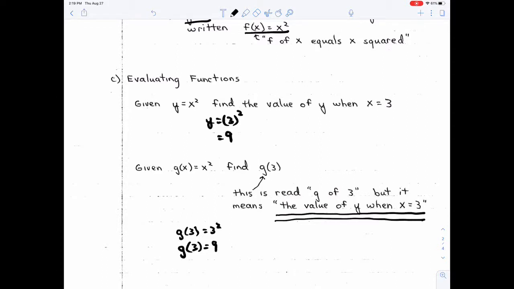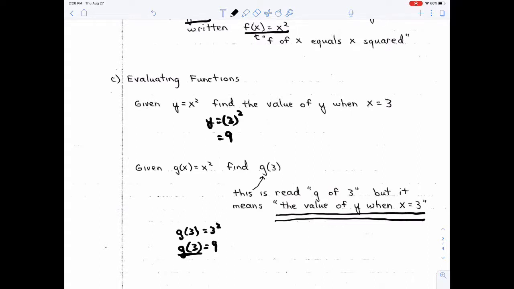The most obvious reason is a lot of people think, oh, now I have to get g by itself, so I have to divide by 3. No, that is not g times 3. That whole thing, g of 3, means y equals 9 when x equals 3. The value of y is 9 when x is 3.